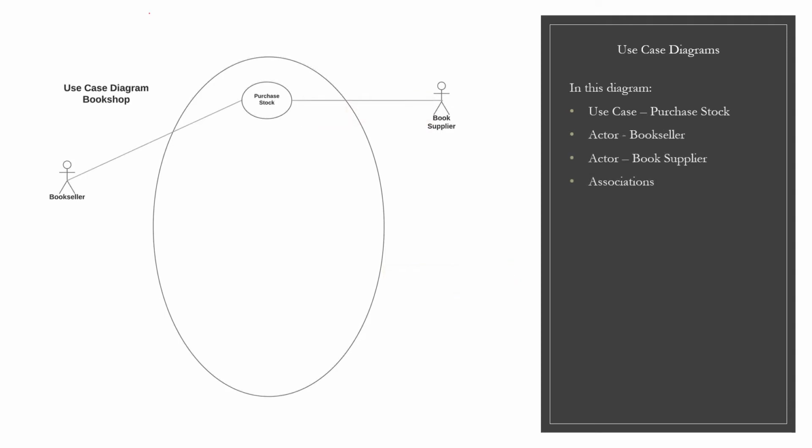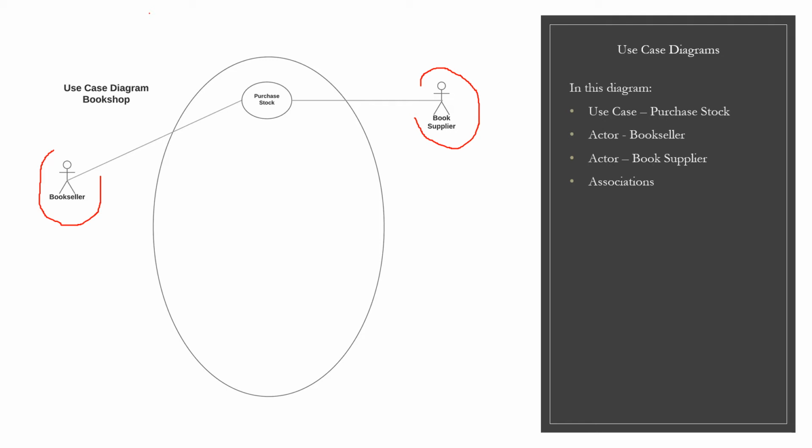We can now add the actors, or the people who are interacting with the system and with this use case. In the case of purchase stock, there are two. The bookseller, who initiates this and decides which books need to be ordered, and the book supplier, who will fulfill that order and supply the books.